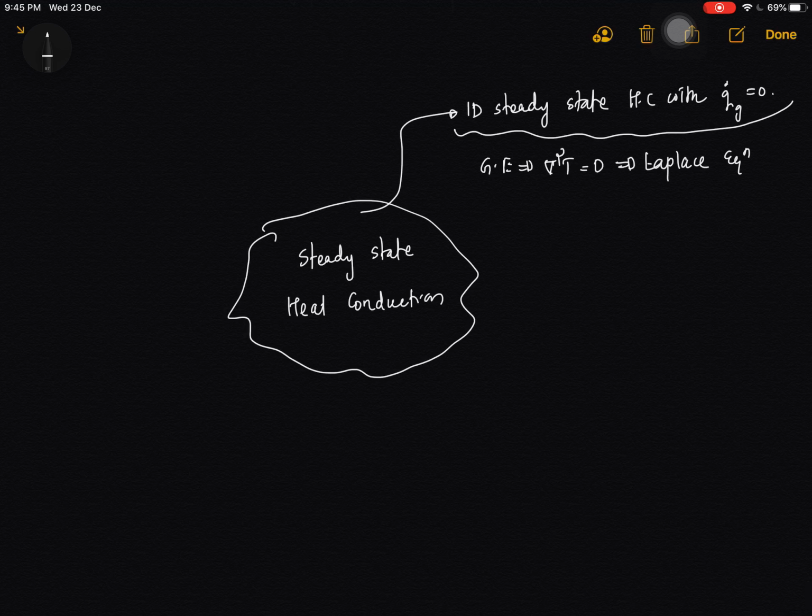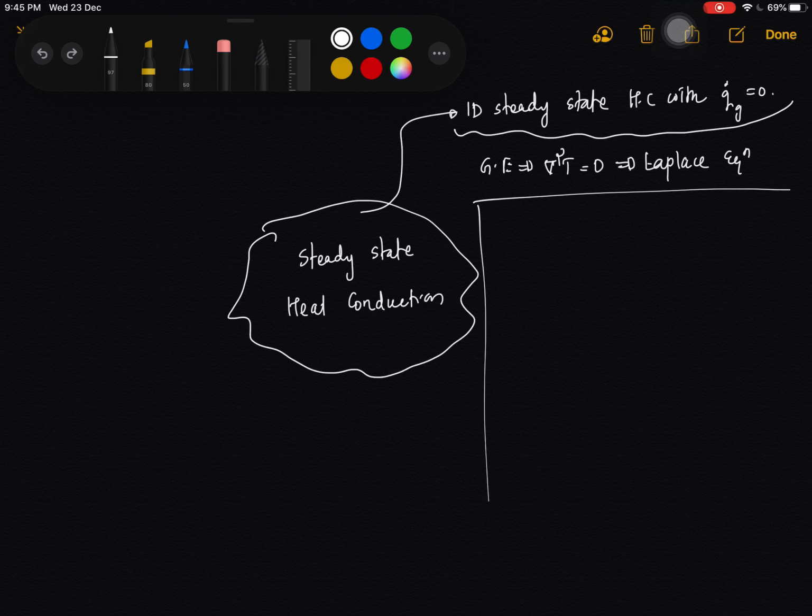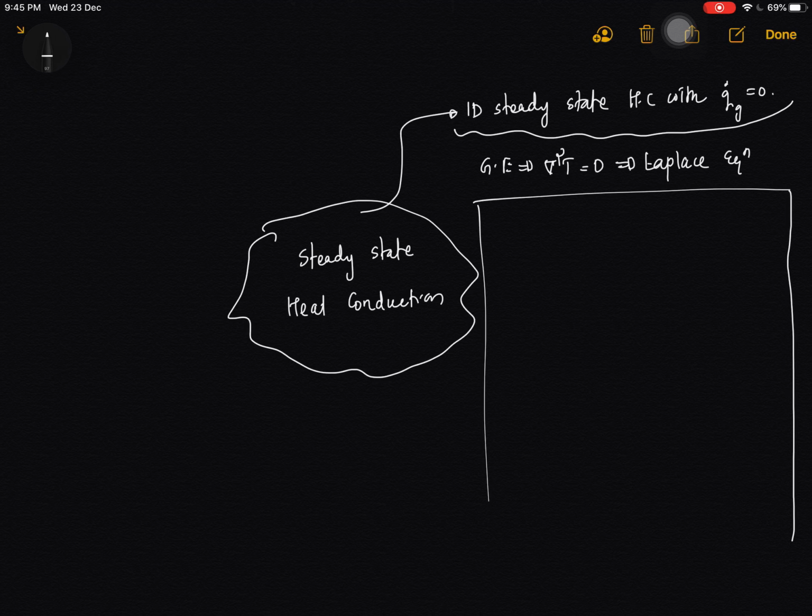For this case we have considered one dimensional steady state heat conduction for some geometries, and we have determined some heat transfer rate formulas, temperature distribution formulas, and thermal resistance formulas. So this I will tabulate.